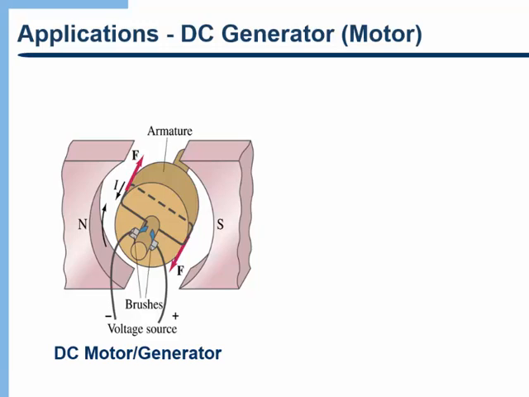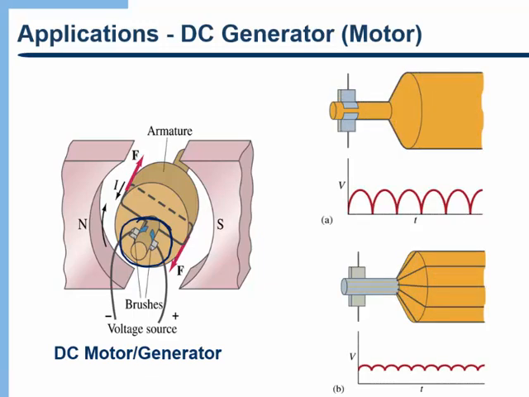Again, the only thing that changes it from an AC generator is we have the split ring, as we talked about in a previous chapter. And because that flips the direction of the current each time, instead of getting a sine wave coming out, we simply get a flipped value for that second part of the sine wave, so that way the voltage is always positive.